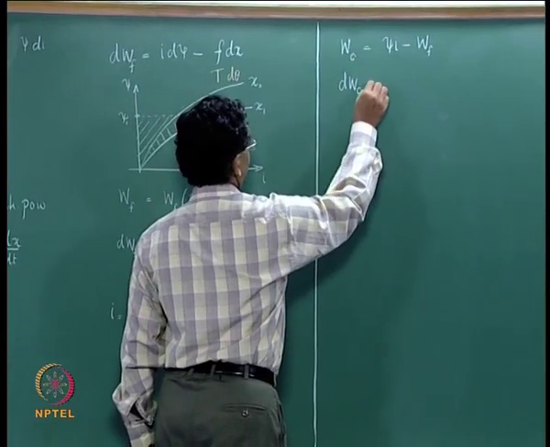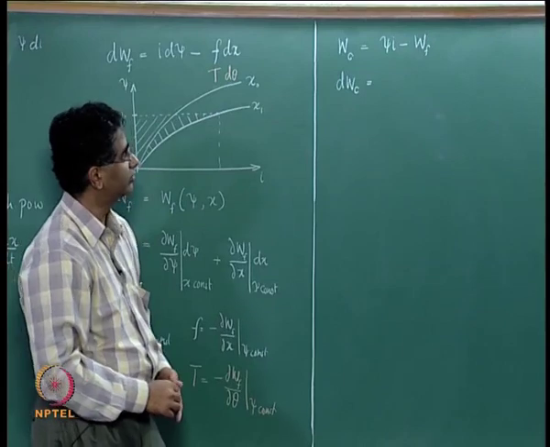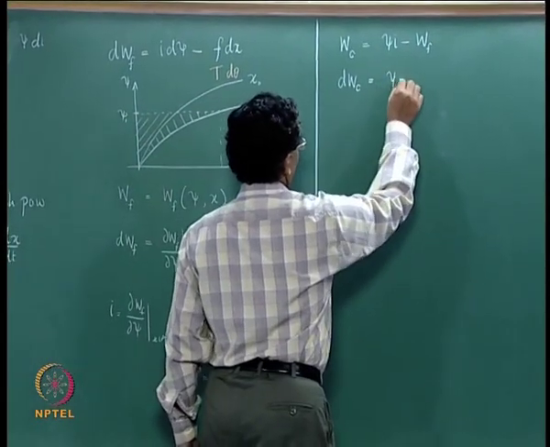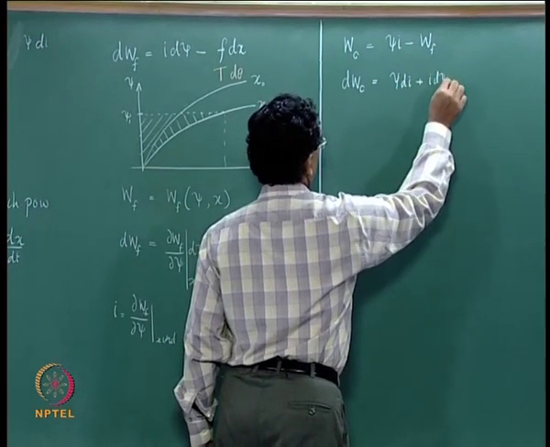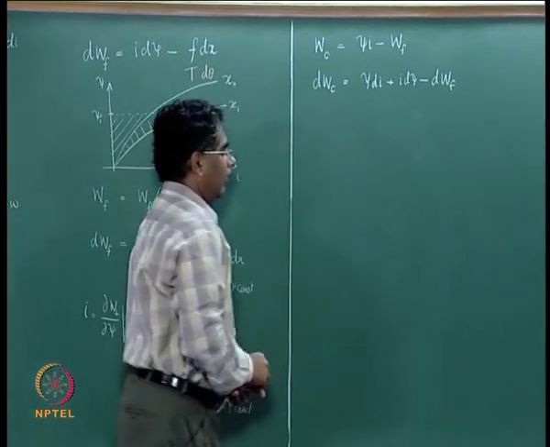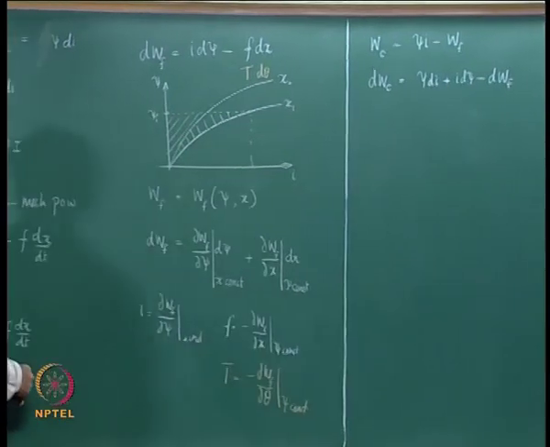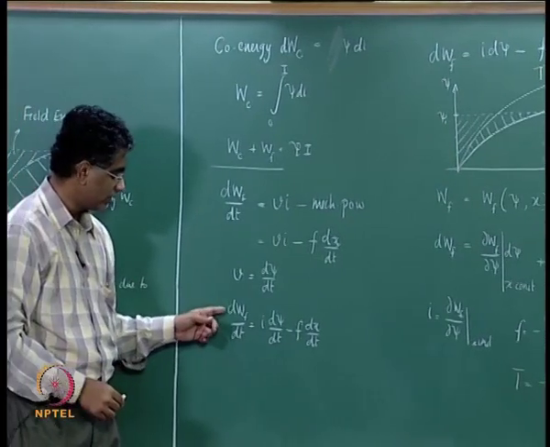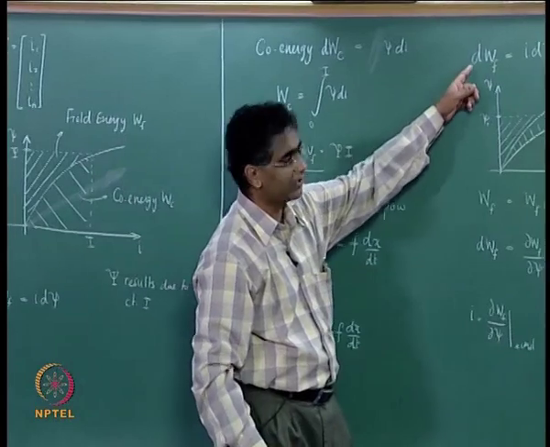And therefore dWc, a small change in Wc, can be written as psi into di plus I into d psi minus dWf. And from our earlier expressions we already know what dWf is.